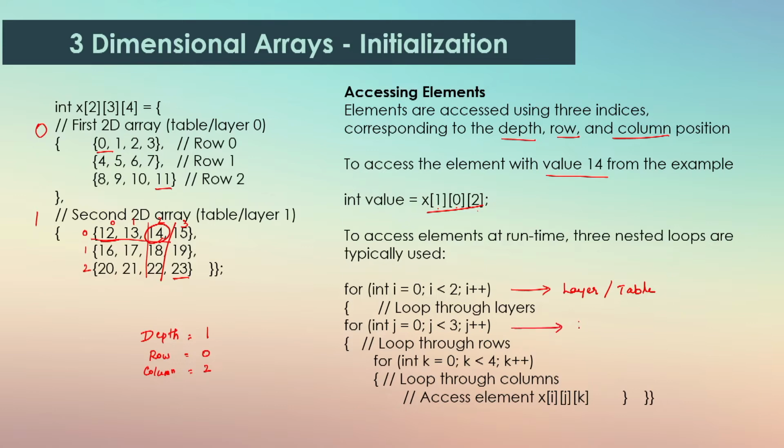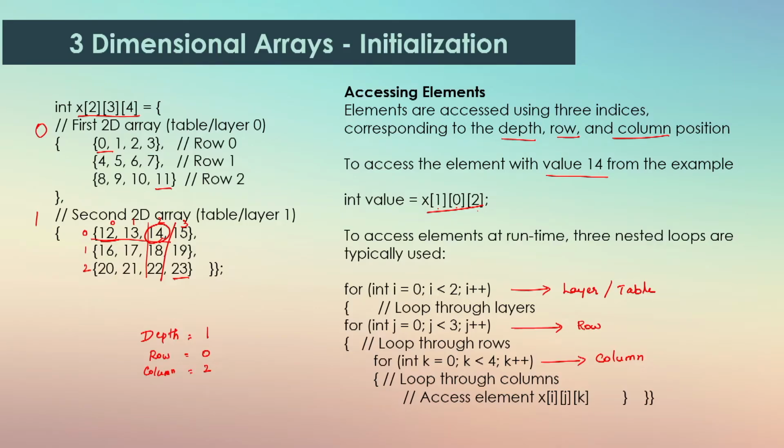The second for loop will be used to represent the row, and the third will be for the column. According to the example taken, we have assumed that the depth value is 2, the number of rows is 3 and the column size is 4. So, here we can see that the loops will be terminated with the corresponding control variable limits 2, 3 and 4, according to the number of tables, number of rows and number of columns, right.